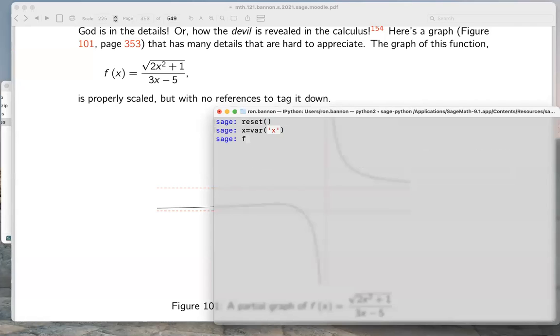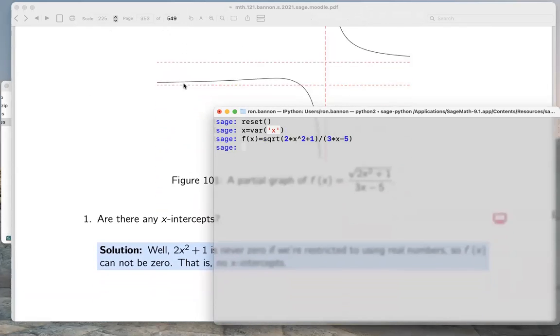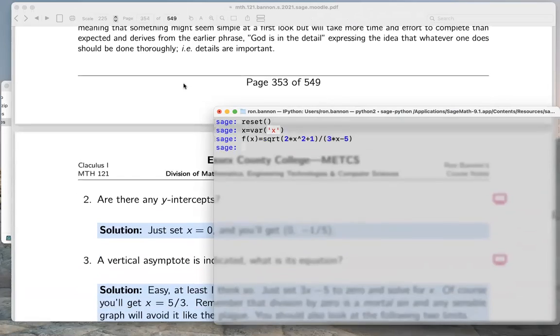Then I'm going to say f of x is equal to the square root, sqrt(2*x squared plus 1) divided by 3x. Whoops, I can't do that. All right, you got that. Certainly, what do I want to do now? I want to start playing around with this.